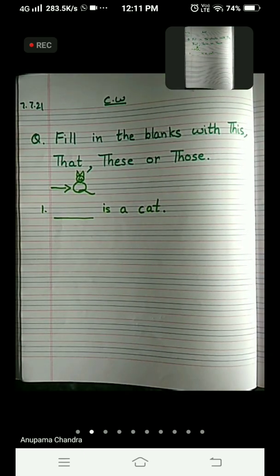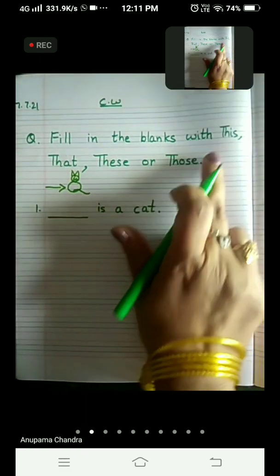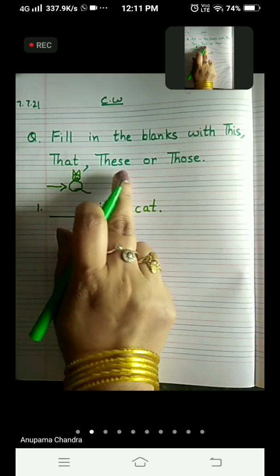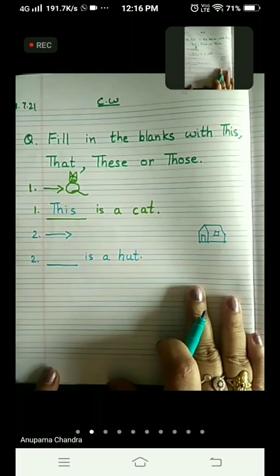Now, what are we going to write in the blank? This, that, these, or those? So, children, the answer will be this. T-H-I-S, this. Why? Because the cat is only one and it is nearby.